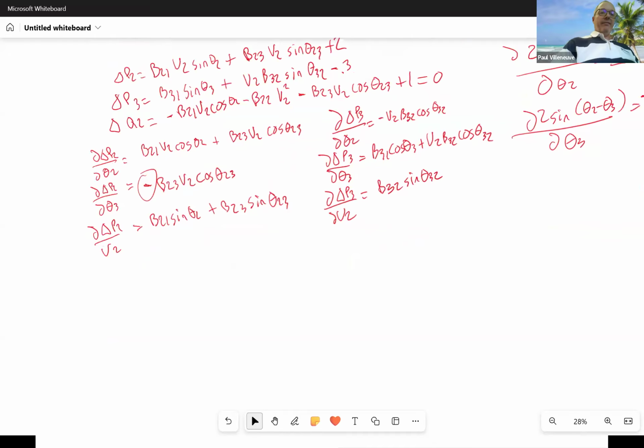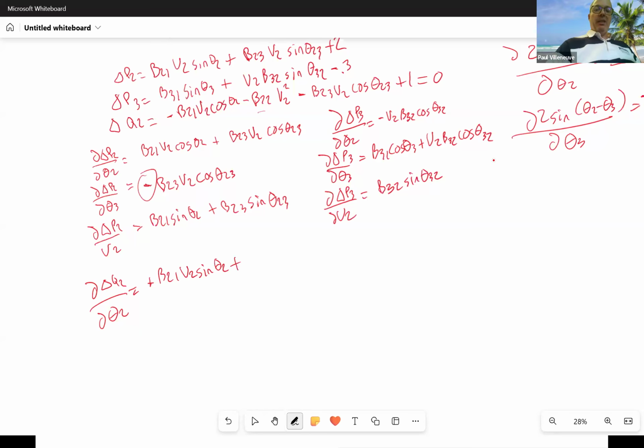Last set, delta Q2 with respect to theta 2 is going to be equal to plus B21 V2 sine theta 2. This goes to 0, right? Because there's no theta term there.